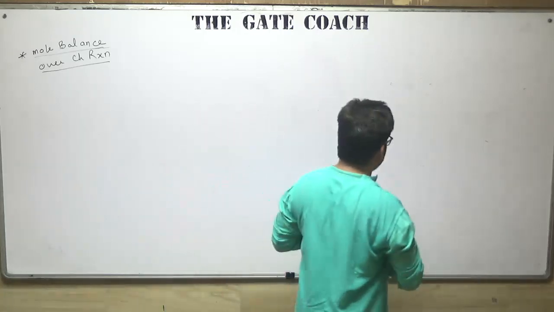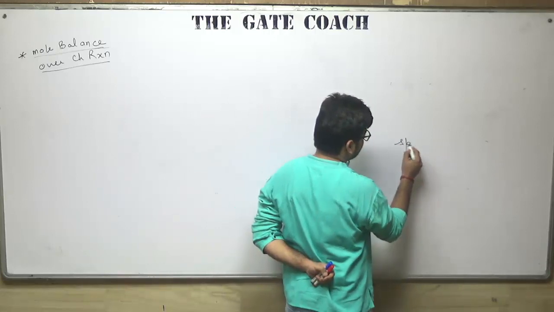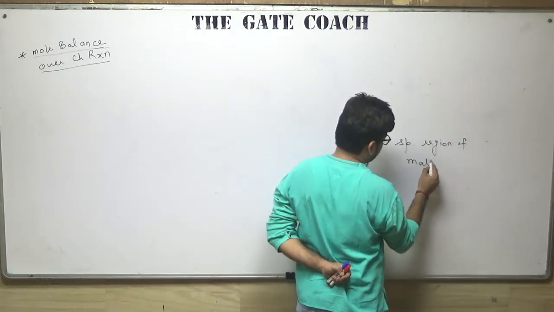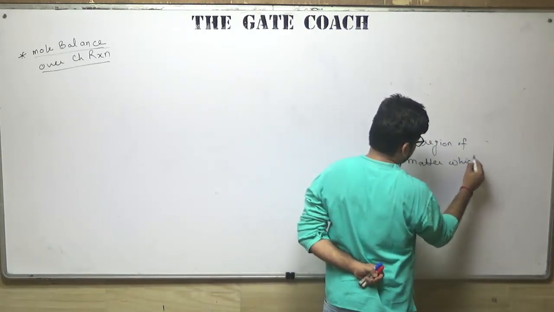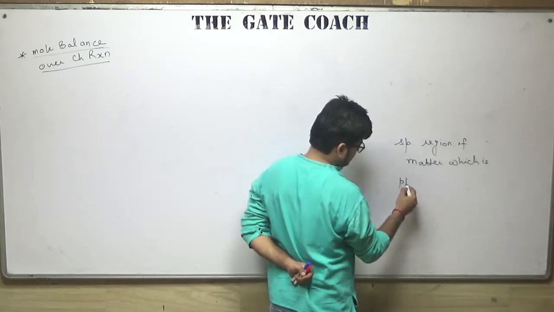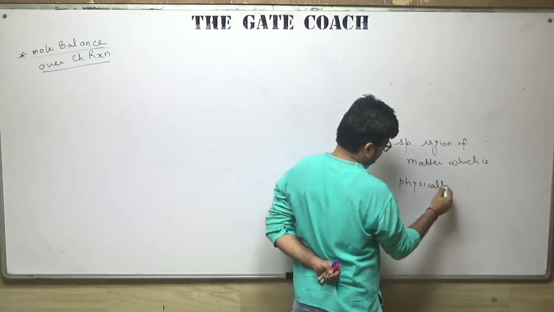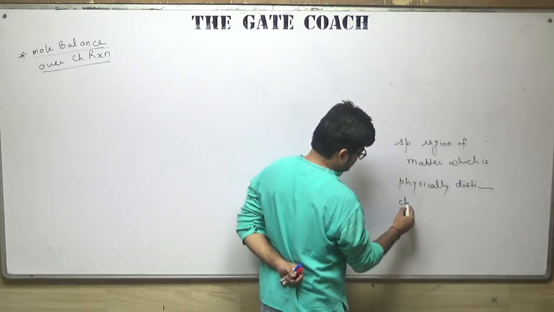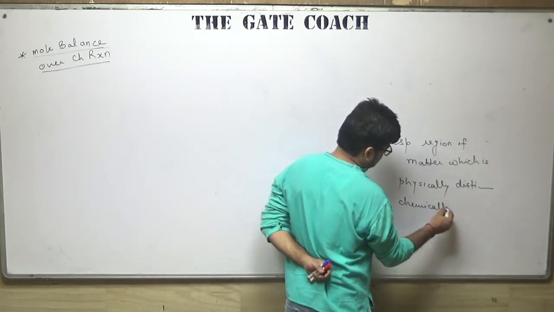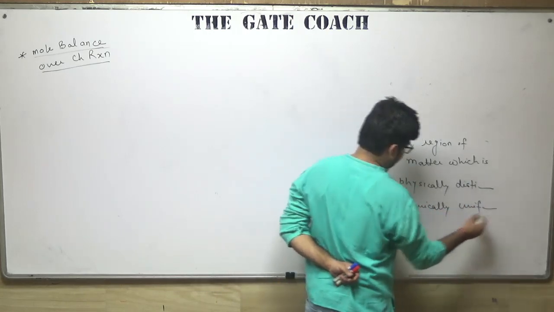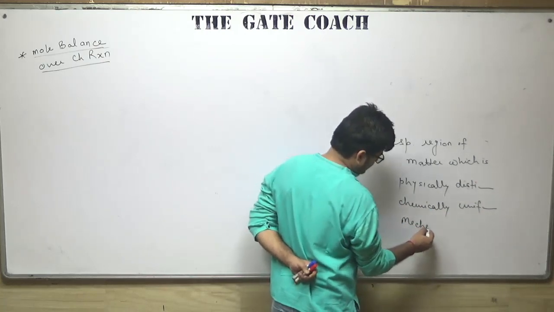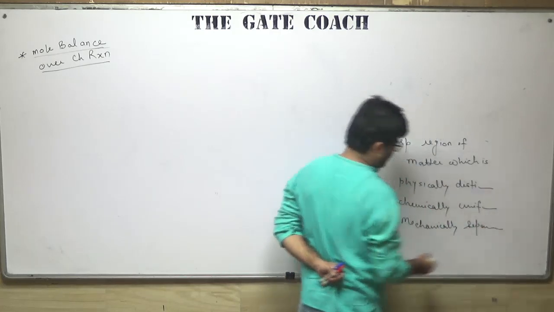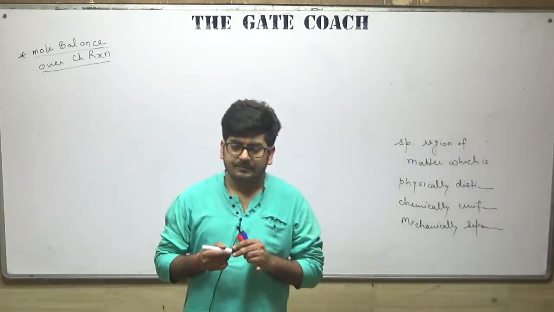So phase is defined as the specific region of matter which is physically distinguishable, chemically uniform and mechanically separable. Okay.